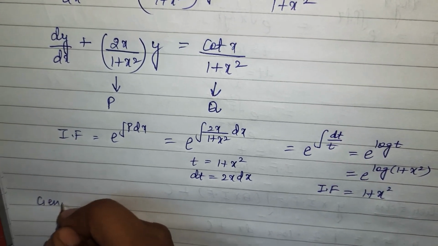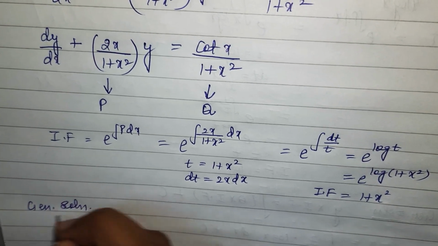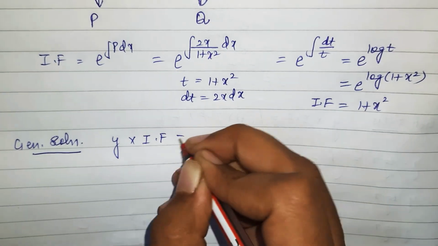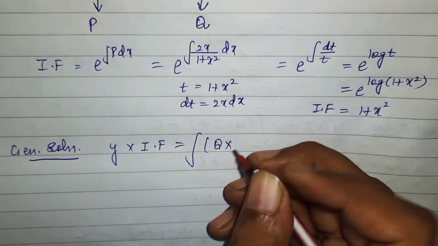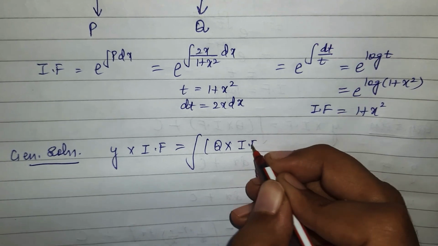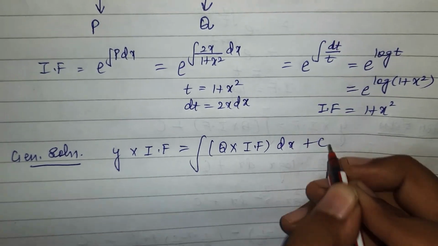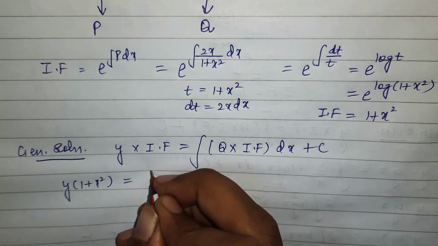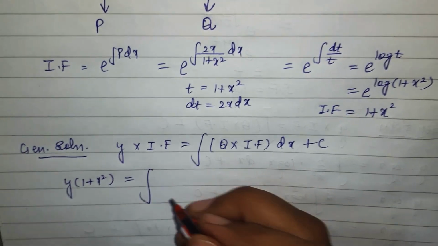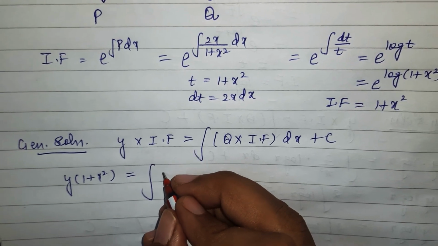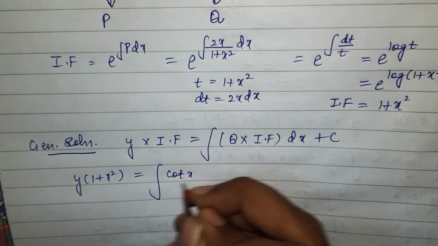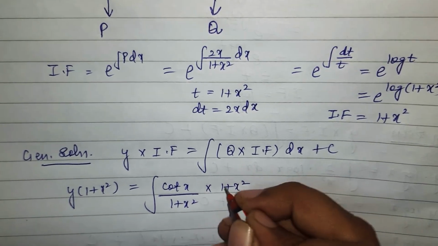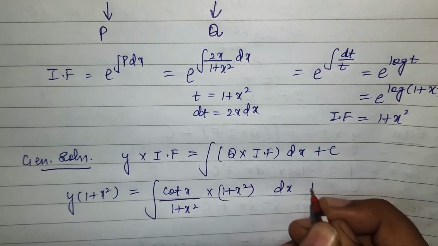So 1 plus x square is your integrating factor. So the general solution is y into integrating factor equals integral of q into integrating factor dx plus c. So y into (1 plus x square) equals integral of cot x upon (1 plus x square) into (1 plus x square) dx plus c.